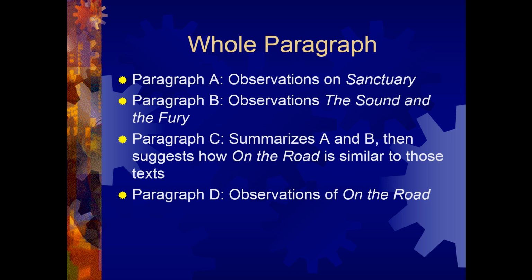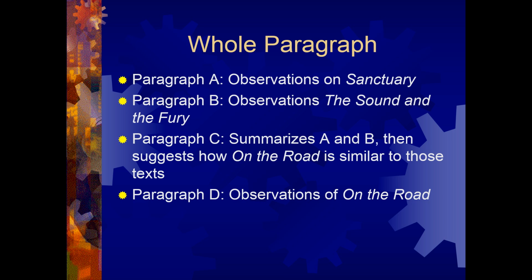Now, notice that I've given you a sequence of 4 hypothetical paragraphs. Paragraph A, the first one, provides observations on Sanctuary. Paragraph B, the second, provides observations on The Sound and the Fury. The third paragraph summarizes A and B, and then suggests how On the Road is similar to those texts.